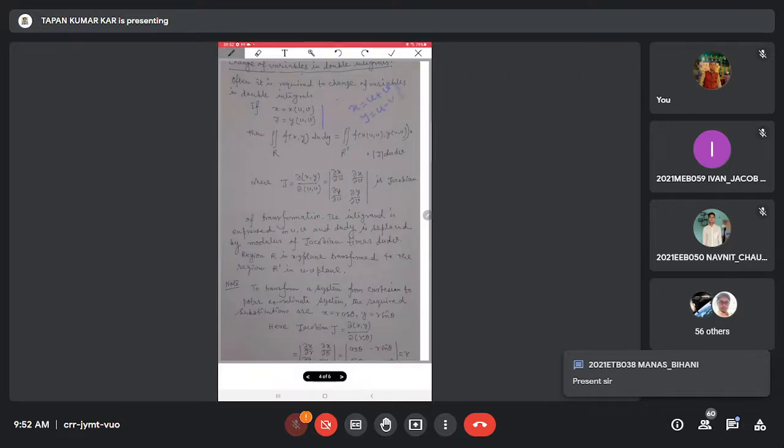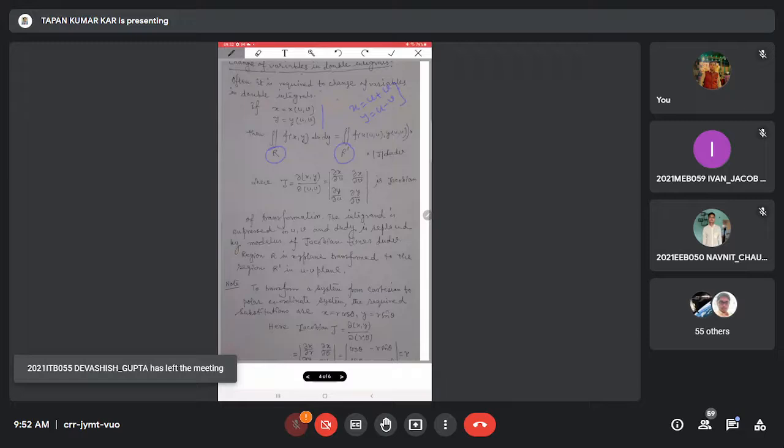In some cases we give this type of transformation also. Since you have given a new coordinate, this region R in the xy plane also will be changed to region R dash in the uv plane. And this function f(x, y) is now a function of u, v.